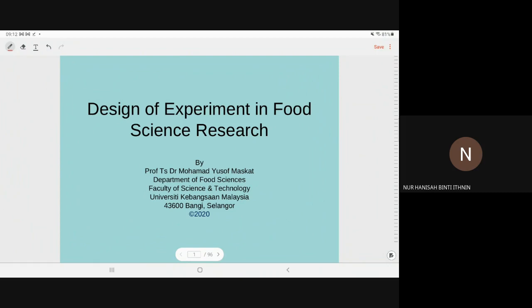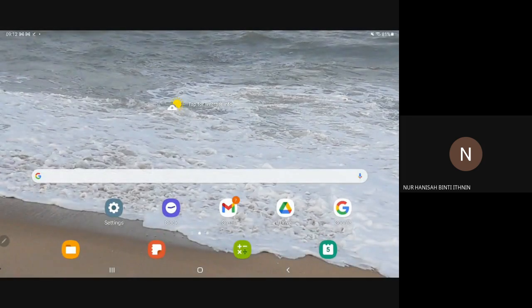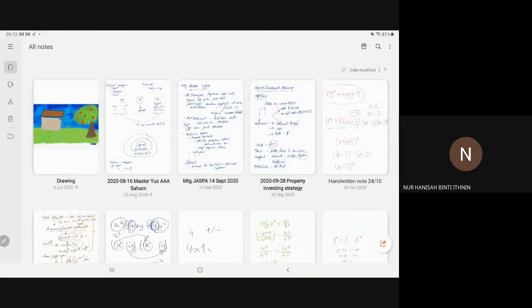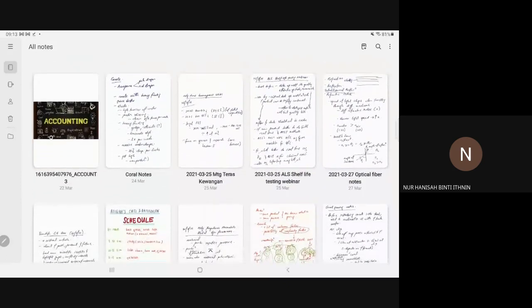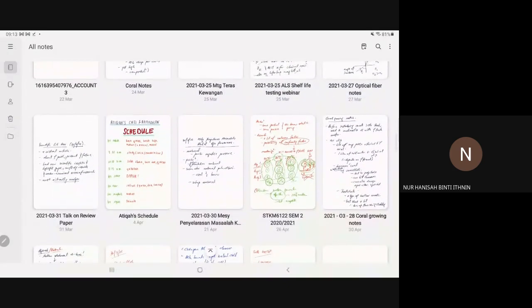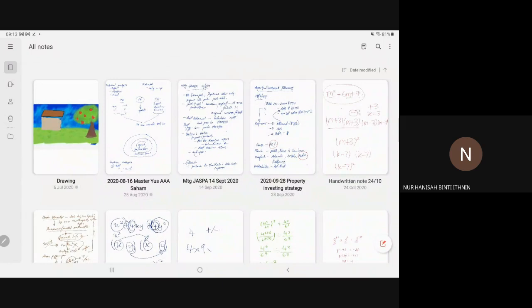So just as an overall view when we do experiments. Anybody having problems regarding internet access?